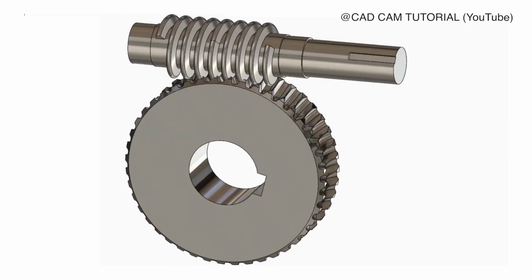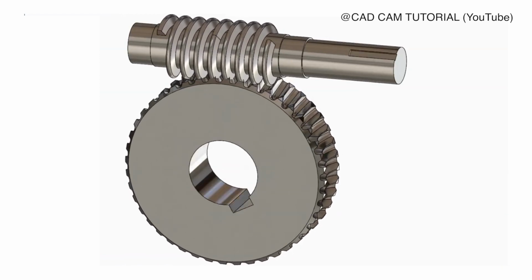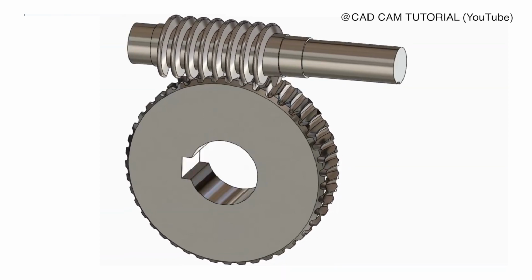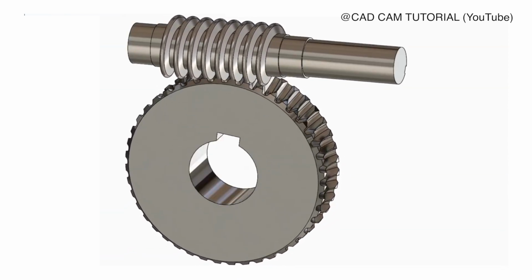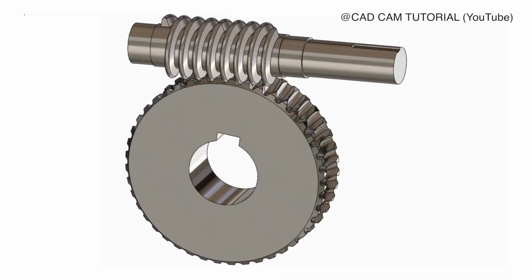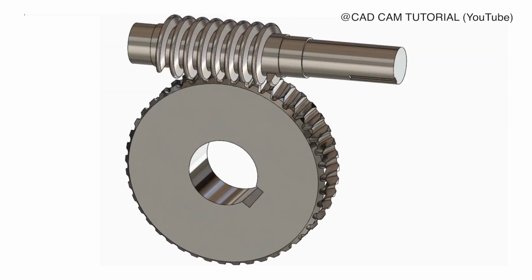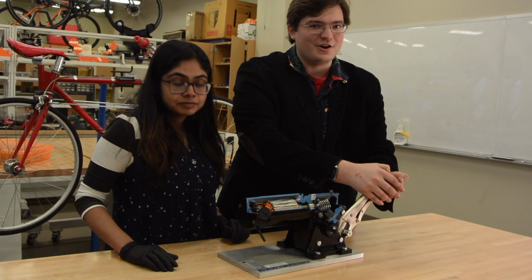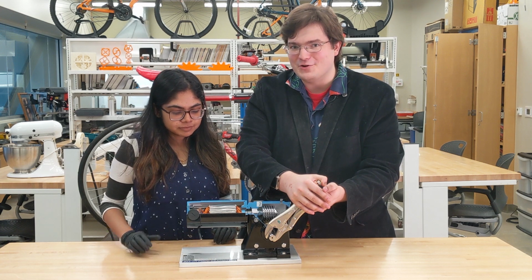Worm gears are comprised of the worm, that is, the screw-type thread shown here, and the worm gear. Worm gears, like bevel gears, transmit speed and torque to shafts at right angles, but unlike the bevel gear, this transmission is one-way. As a great engineer once said, you don't spin the worm, the worm spins you.